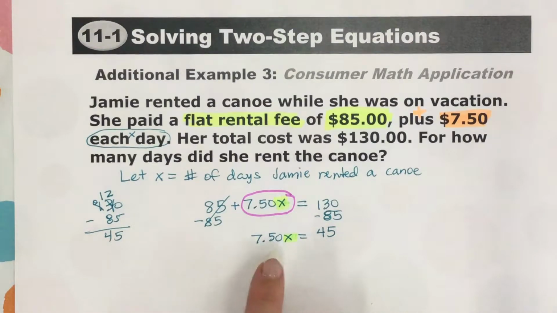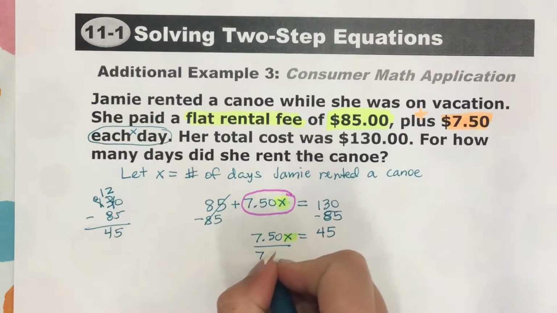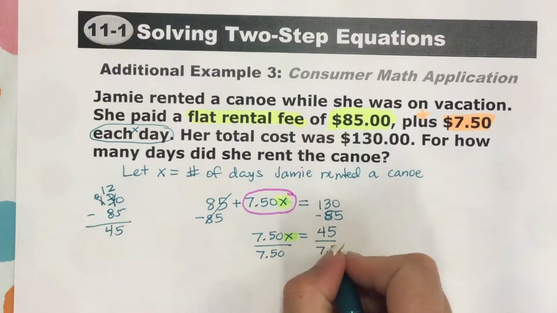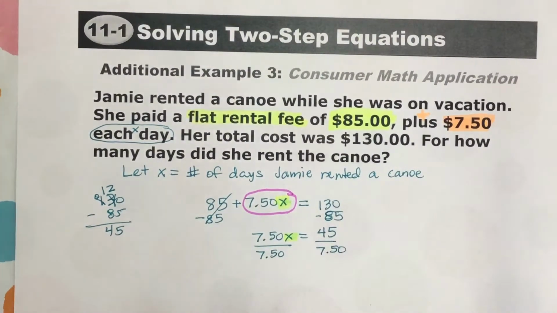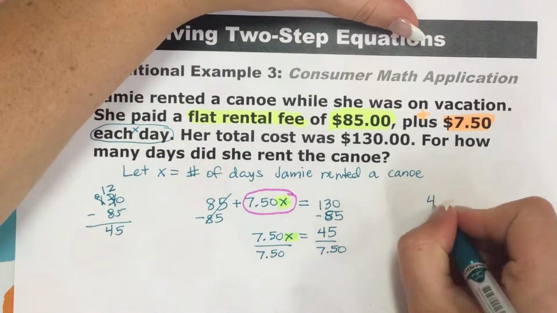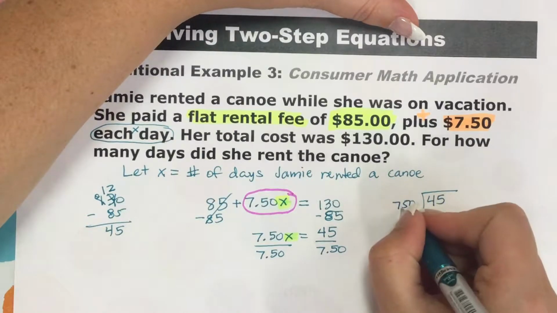So I have 7.50 times x, and so the inverse operation of multiplication would be division. I'm going to divide by 7.50 on both sides. Okay, so now I'm going to come over here and do this division problem. I have 45 divided by 7.50.